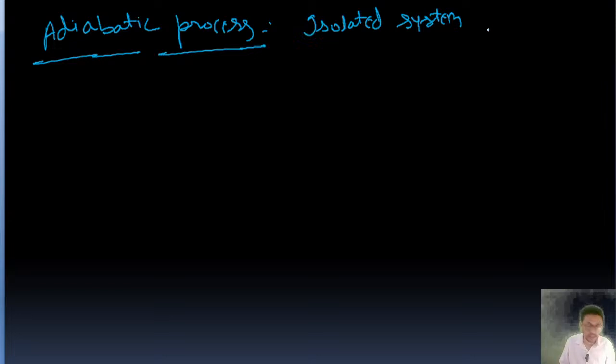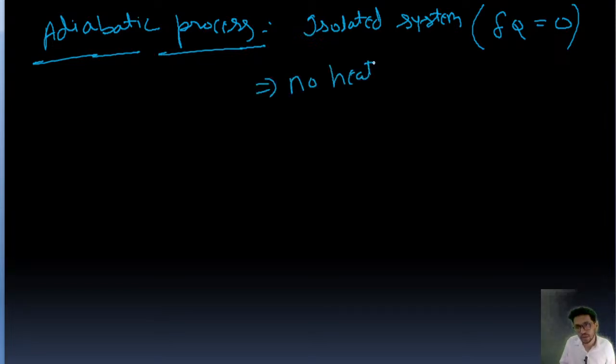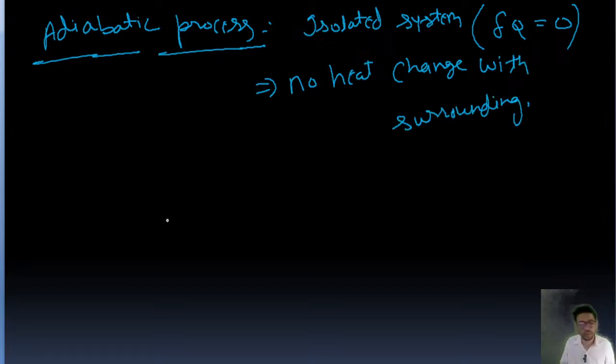In this case del Q is going to be 0 because this is an isolated system, which means no heat exchange with the surrounding. This is an adiabatic process.